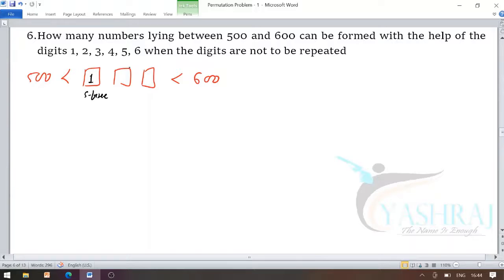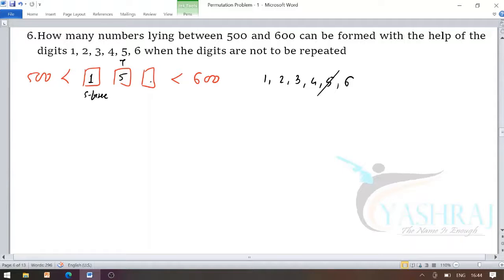Following which, to fill up the tens place digit, how many choices do we have? Once we fixed the 5, that means crossed out the 5, of the 1, 2, 3, 4, 5 and 6 that were there, now we have 1, 2, 3, 4, 5. So any one of these digits can be filled in the tens place.